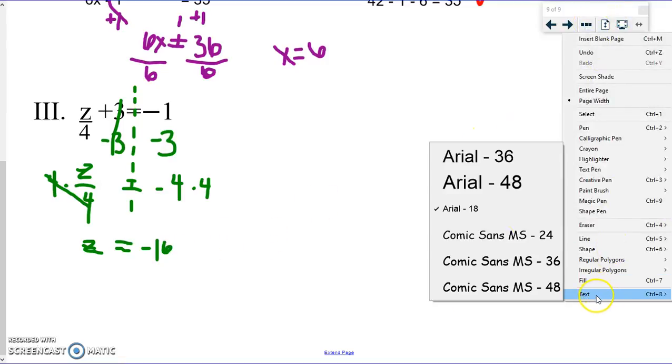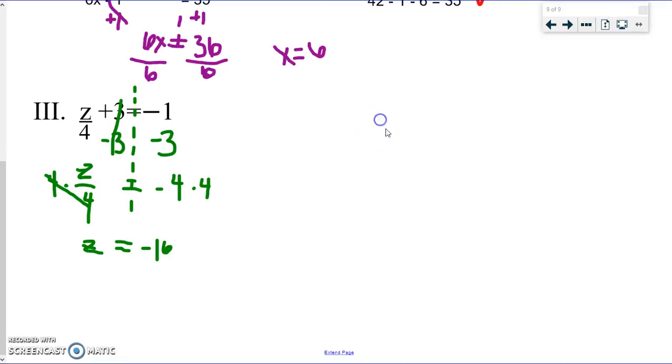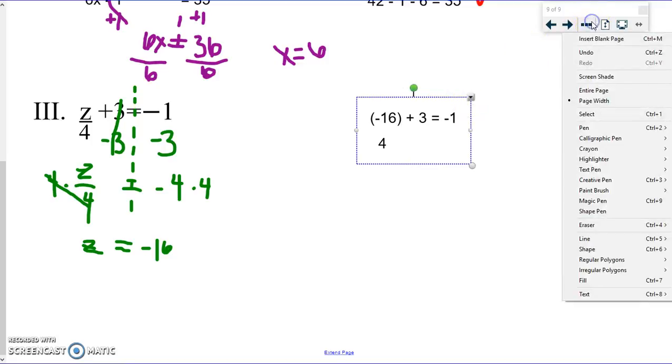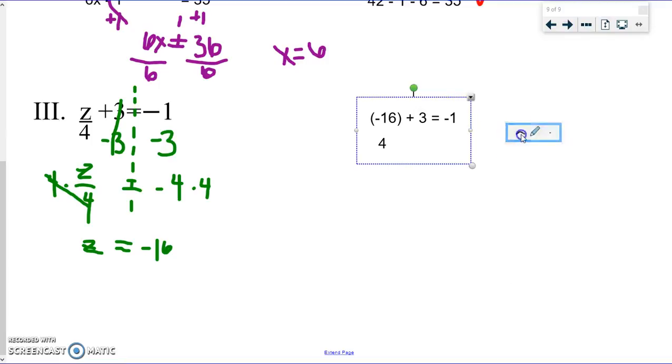Again, let's check our solution. So I'm going to plug in negative 16 for z. So negative 16 over 4 plus 3, does that equal negative 1? So let's put the fraction line in there.